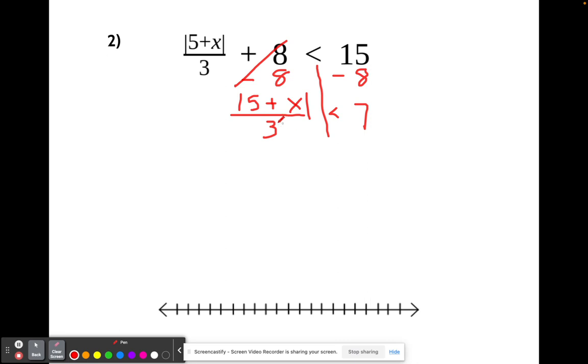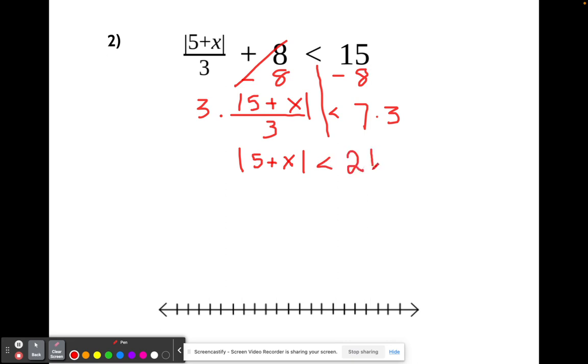Now I want to get rid of this 3 because it is not inside the absolute value bars. So I'm going to multiply both sides by 3. So now I have the absolute value of 5 plus x is less than 21.